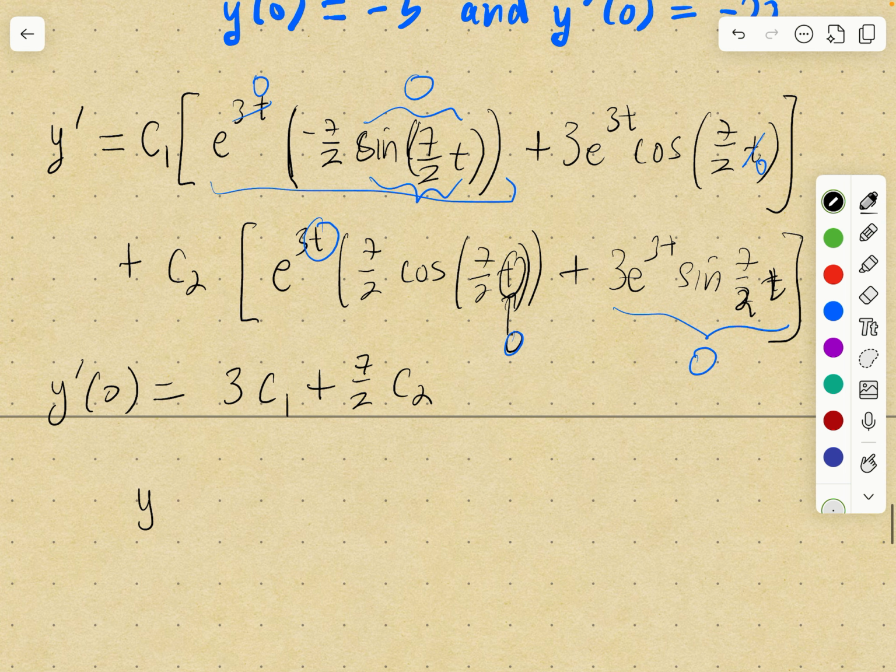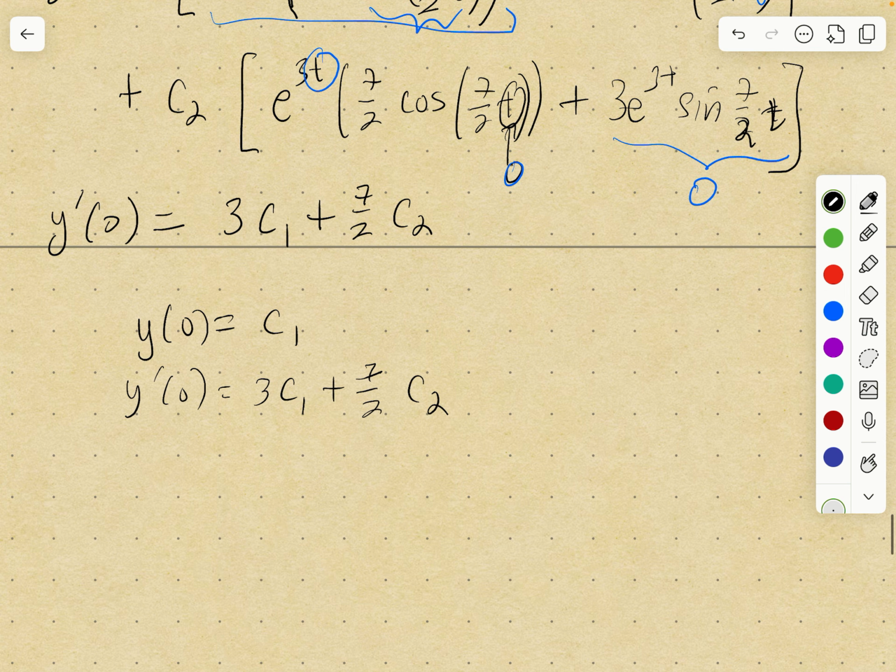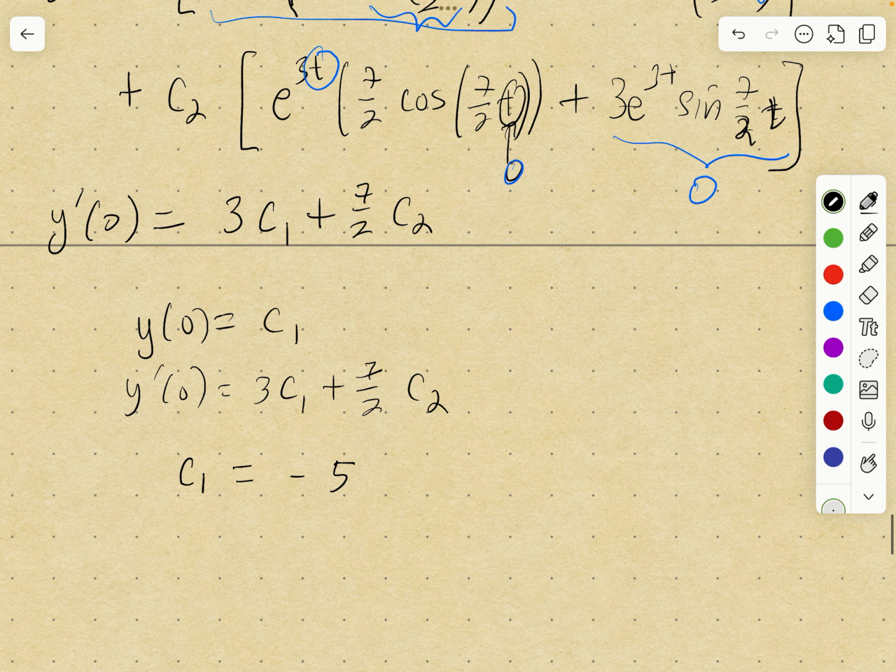So y of 0 is C1, y prime of 0 is 3C1 plus 7 over 2 C2. And we're given that y of 0 is negative 5, so C1 is negative 5, and then 3C1 plus 7 over 2 C2 is negative 22. That's what we're given in the problem.